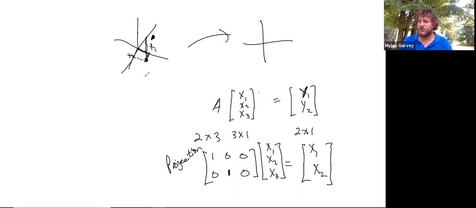Now, the matrix could have done something different. We didn't need to do this. We could have come up with something else, something like 1, 1, 1, 1, 1, 1, and we would have x1, x2, x3. In which case, the function that converts my three-dimensional vectors into two-dimensional vectors looks something like x1 plus x2 plus x3, right?